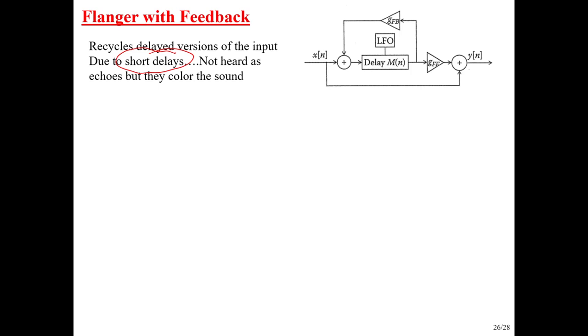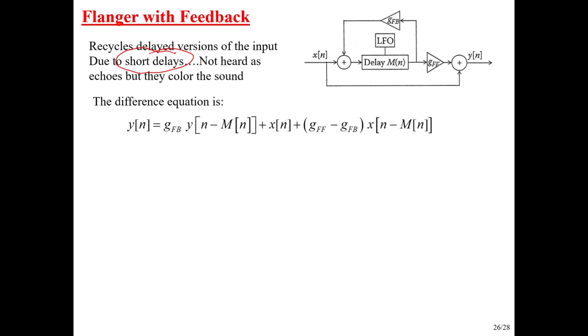Remember, I showed a table that showed the range of delays, and the top entry was comb filter. Well, that's what we've got here. We've got a comb filter. So we don't really hear this as a repeating echo. It's just going to change the shape of the frequency response. So the shape of the peaks and the nulls will be modified to some degree, and it can create interesting sounds. And if you want to write the difference equation and look at this, you can.